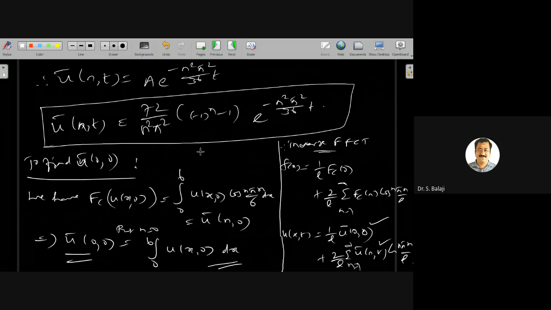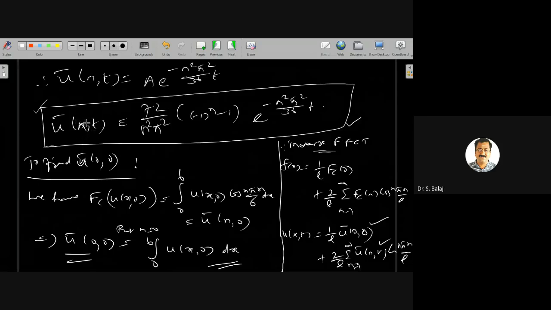This is u bar of (n, t), the Fourier cosine transform of u(x, t).